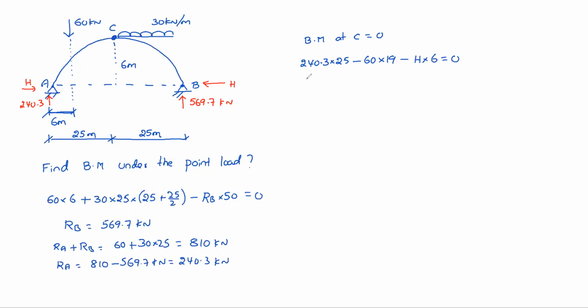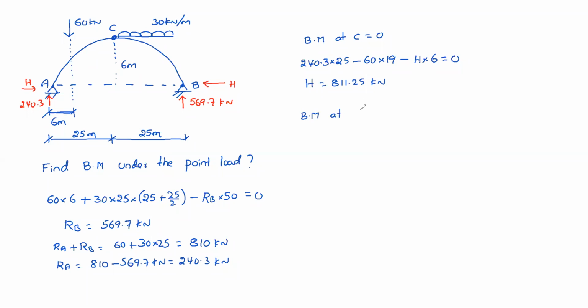So H equals 240.3 into 25 minus 60 into 19, divided by 6. That is 811.25 kilonewtons.